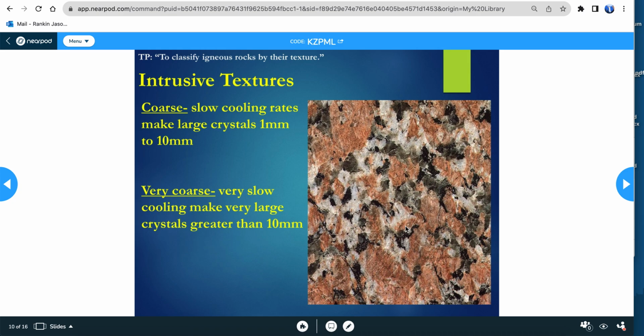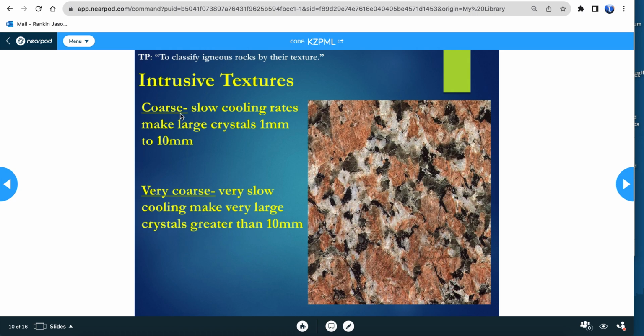All right, moving on. We have intrusive textures. Coarse intrusive texture is now not instantaneous and not fast. This is going to be slow cooling rates. This is going to help make these crystals bigger than the 1 millimeter. So coarse means big, and these will range from 1 millimeter to 10 millimeters in diameter for these crystal sizes, or the crystal lengths.